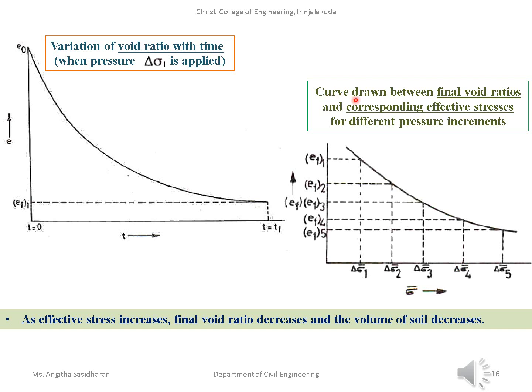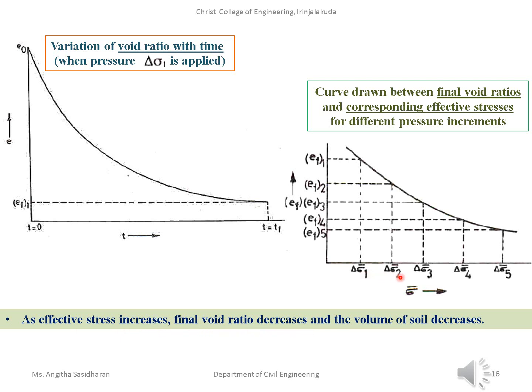This is a curve drawn between final void ratios and corresponding effective stresses for different pressure increments. As the effective stress increases, the final void ratio decreases.